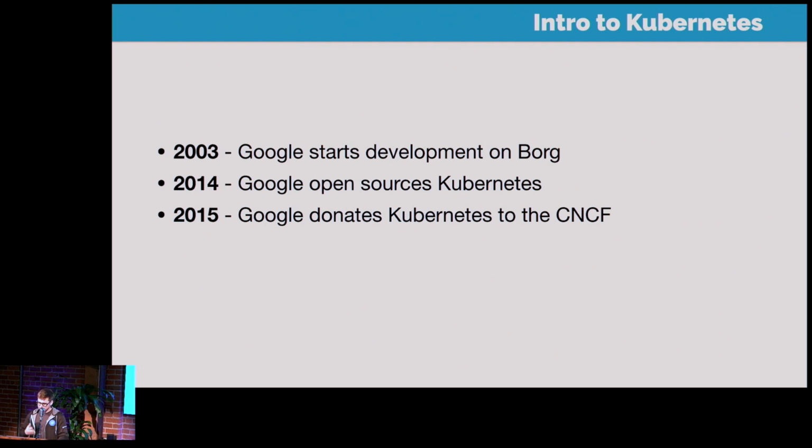And Kubernetes grew in popularity again and again, and it's running a lot of the applications that we all use on a day-to-day basis. How many people here have played Pokemon Go? Yeah, a lot. Pretty cool. So Pokemon Go was launched in 2016, and it's actually run on Kubernetes.